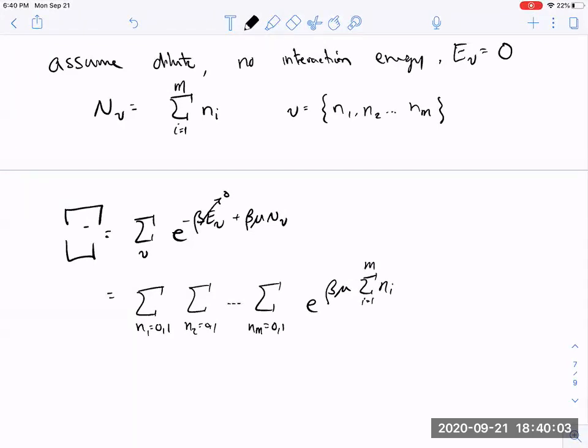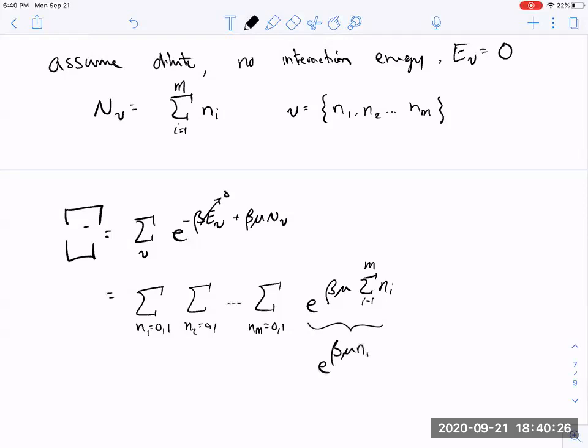Now note the structure. Just as before, when the energy is expressible as a linear sum of the individual fluctuating components, here too, when the particle number is expressible as a sum, when I take e to that sum, I get a product of exponentials.